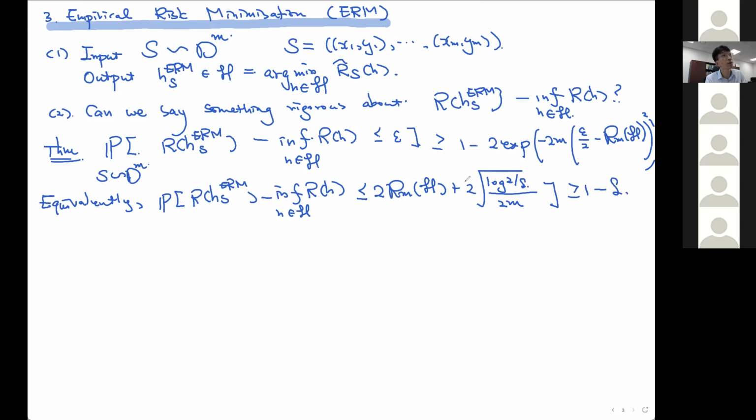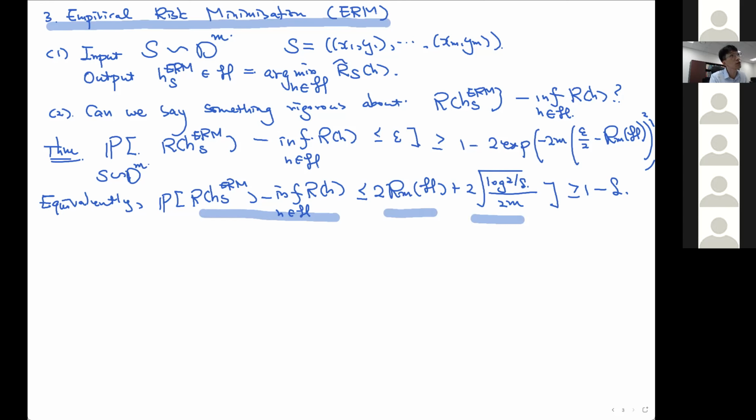So with high probability, the estimation error is going to be bounded by 2 times the Rademacher complexity and some term that looks a bit similar to the term you saw in the Rademacher complexity generalization bound.